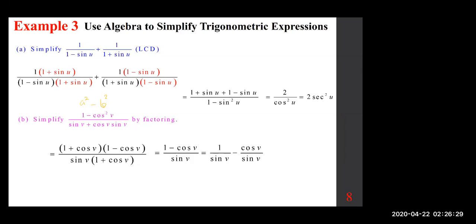And therefore, all you have to do is rewrite the last step. Is that making sense? Everybody? Which is cosecant minus cotangent.